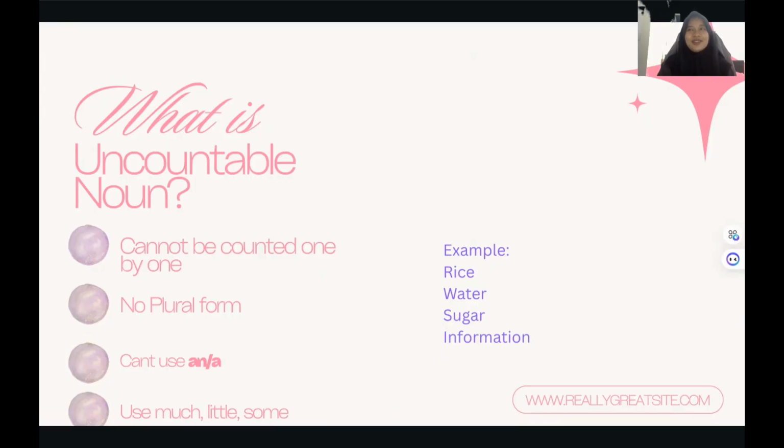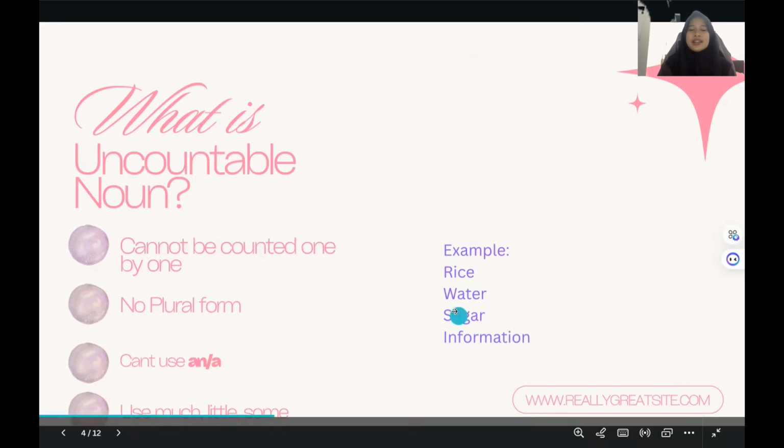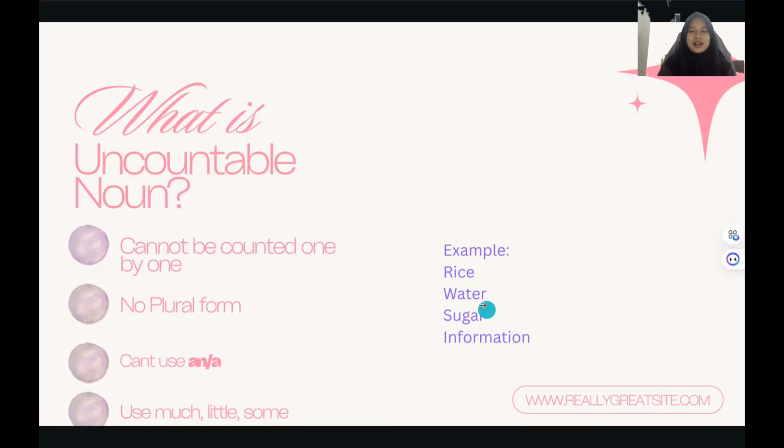I mean, can you count water? Of course not. You need an object to count that noun. For example, a bottle of water. So, why doesn't water have a plural form?